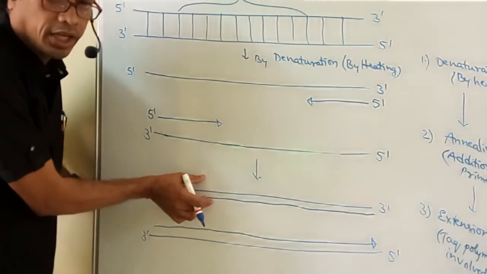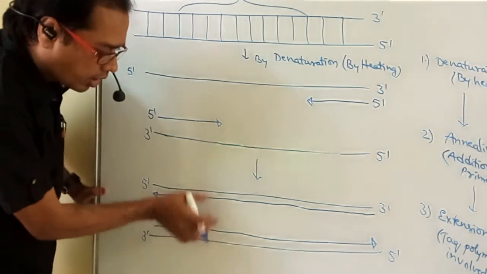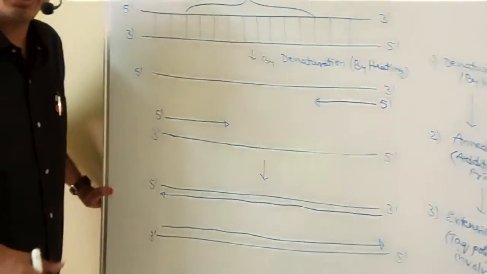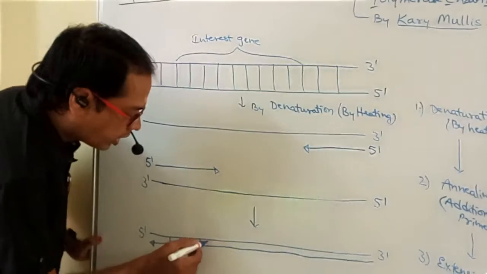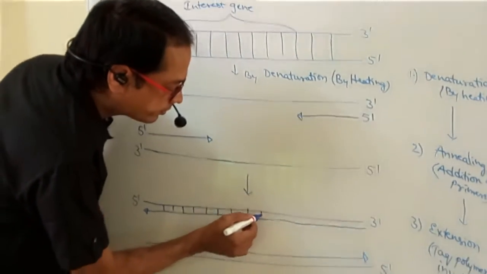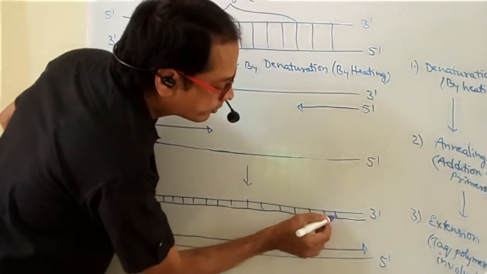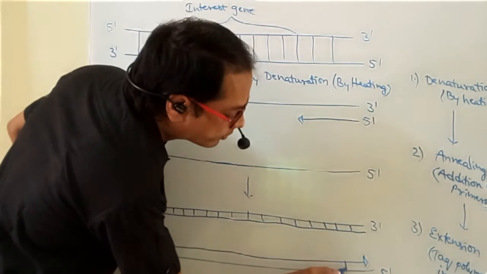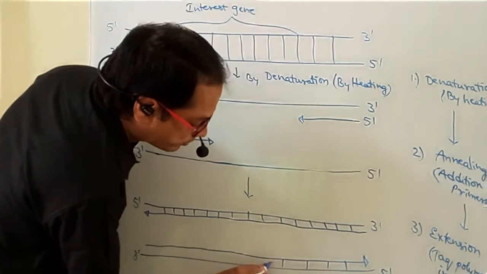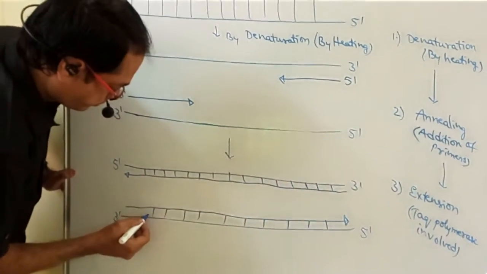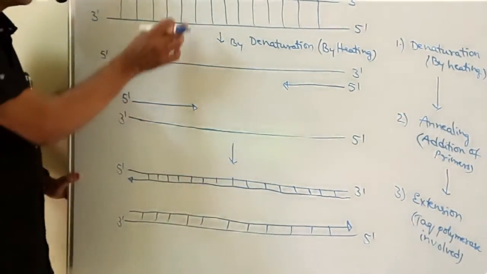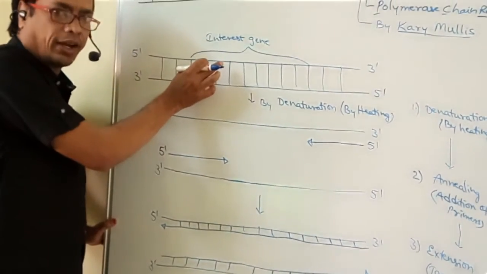So this is one DNA, this is another DNA. How many desired genes are obtained? Two desired genes. This is one desired gene. Okay, we have taken only one desired gene.